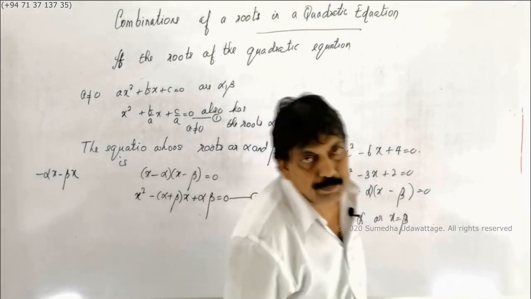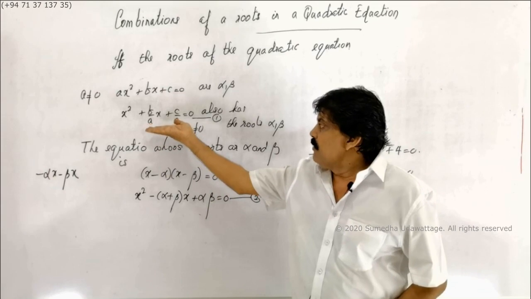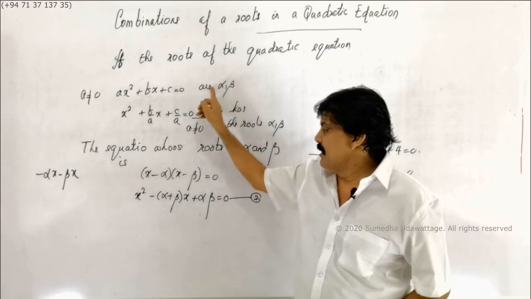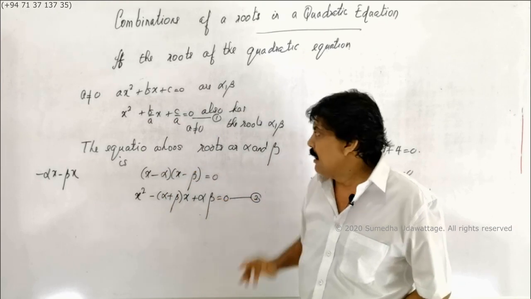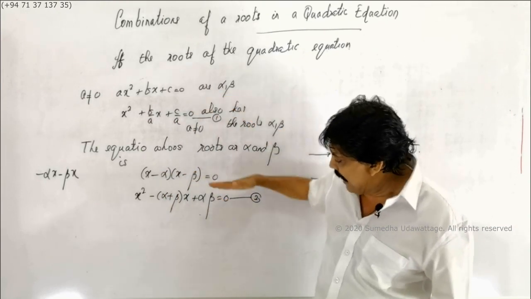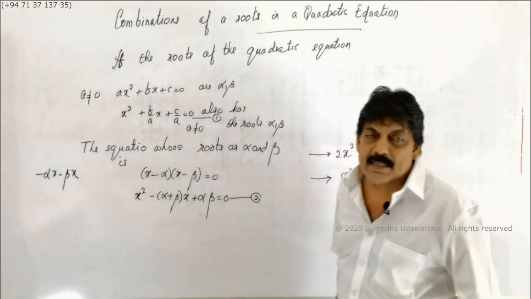Now look here. This certain equation, the roots were alpha beta. This certain equation, the roots are alpha beta. Equation 1 and equation 2 both have the same roots alpha beta.